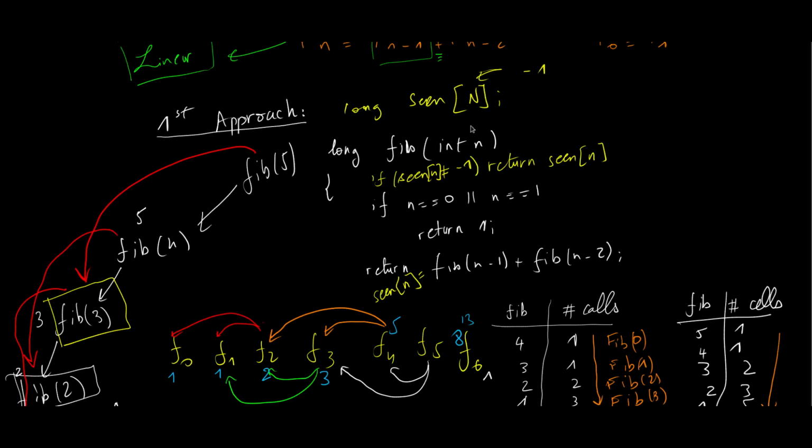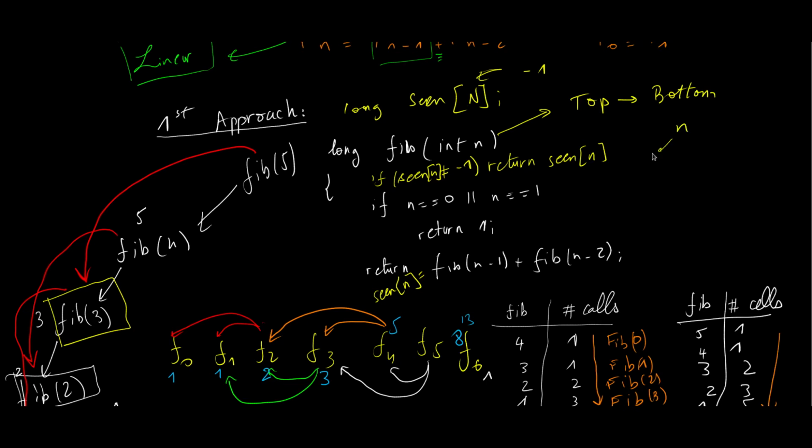Then we will return it. And basically this is pretty much what we did here, but there is a nicer way of implementing it that we will see. And so this way of implementing things would be top to bottom.